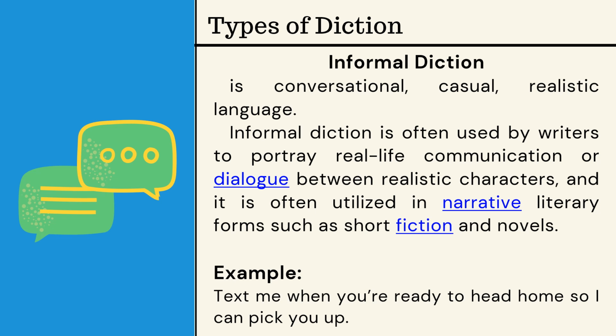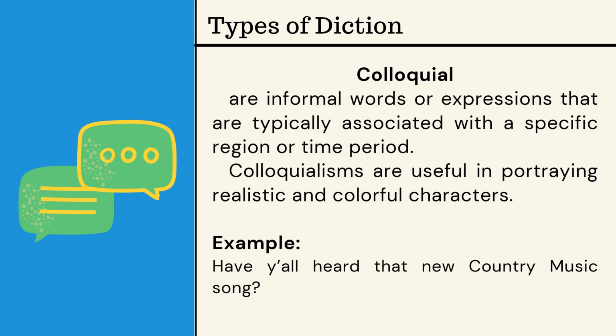Okay, so here we could use contractions or simple terms, not elevated, not highfalutin, just simple terms. So it's the terms that we commonly use on a daily basis. Alright, and that's the second one, formal, informal. And we also have colloquial.